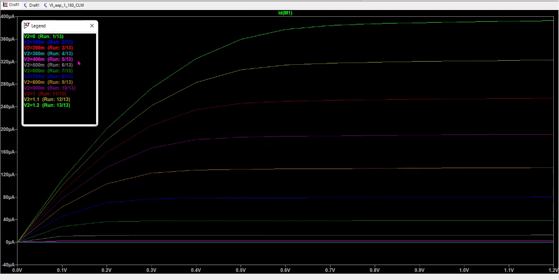When VGS is 0, the current is 0. When VGS is the highest, this is the first one, the highest one. So VGS is increasing from bottom to top. This is the highest value of VGS, lower than this, lower than this, like that.